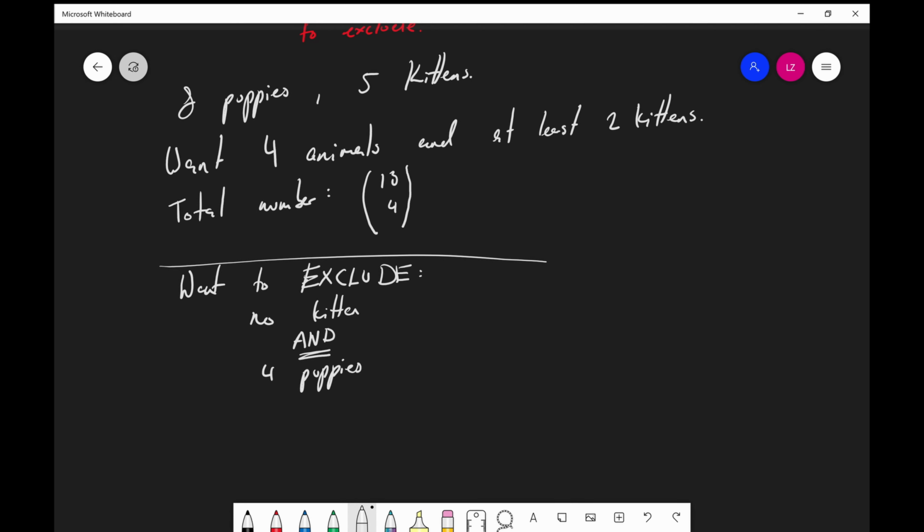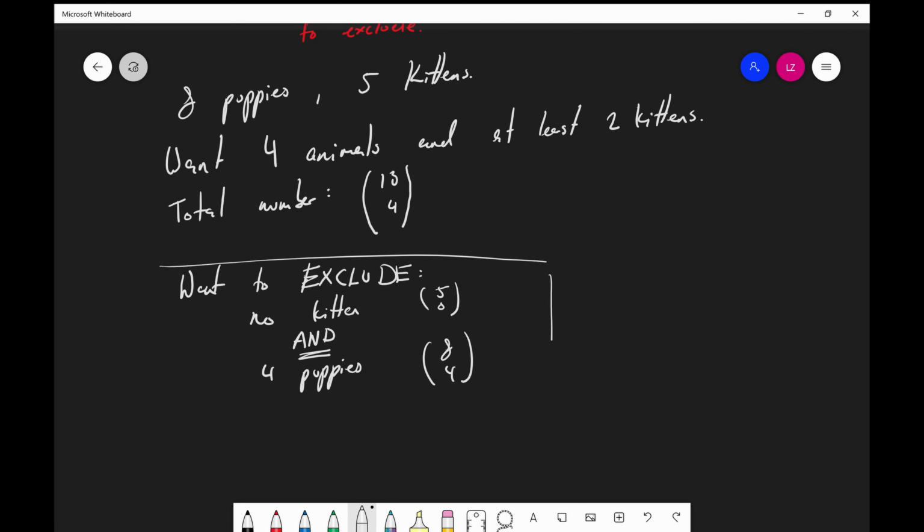So how many ways are there to have no kittens? 5 choose 0. And the number of ways to pick only 4 puppies is 4 puppies out of 8 puppies, I'm sorry.